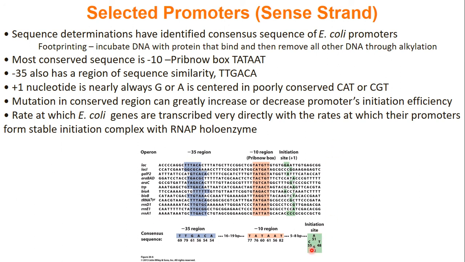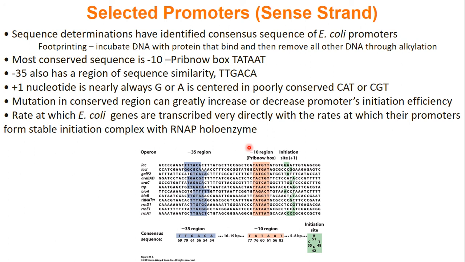But for the most part, at the +1 site, you're going to have that A or the G. Now, if you have mutations in these conserved regions, that might greatly increase or decrease your promoter's initiation efficiency. It really depends on the mutation.